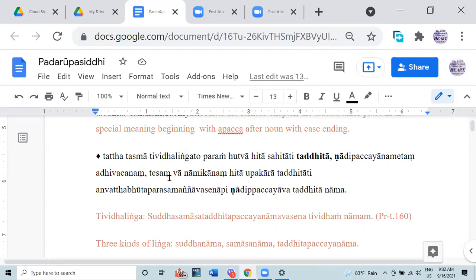And then Tiwidani Lingani or Tiwidan Lingan, plural or singular. Tiwida Lingato. And then Tasma Tiwida Lingato. So Tiwida Linga is Tiwida modifying Linga. This is Sunari Karana Kamadharya Samasa. Okay.